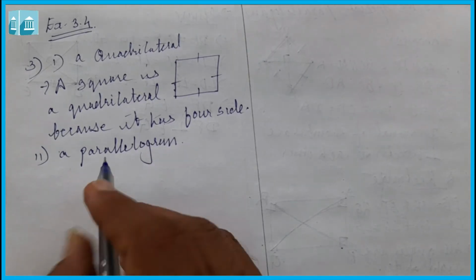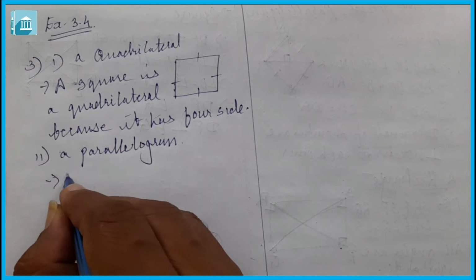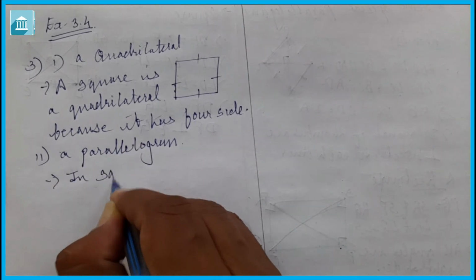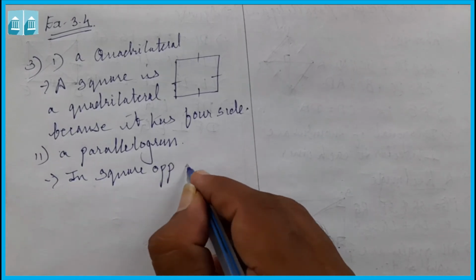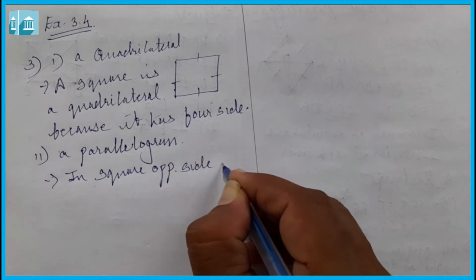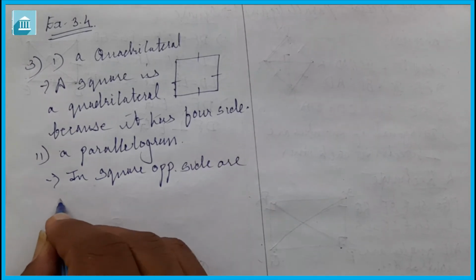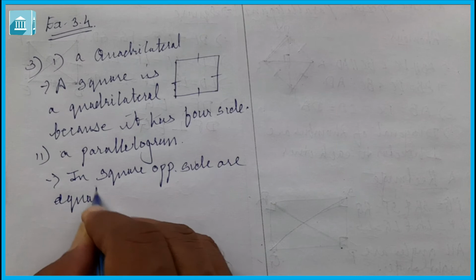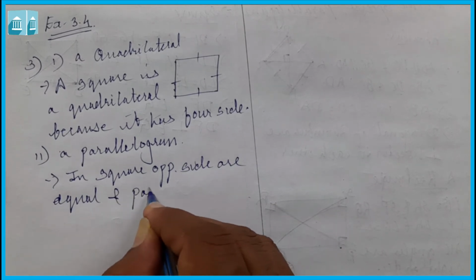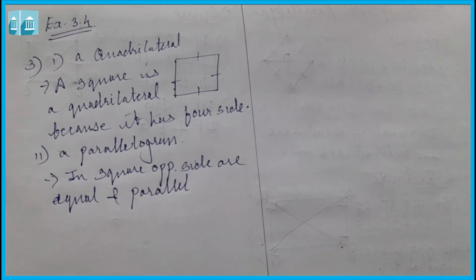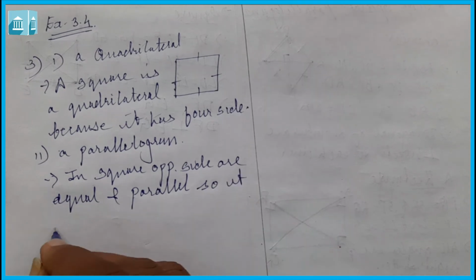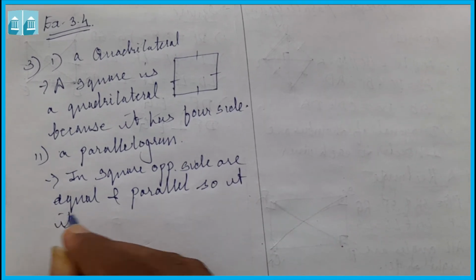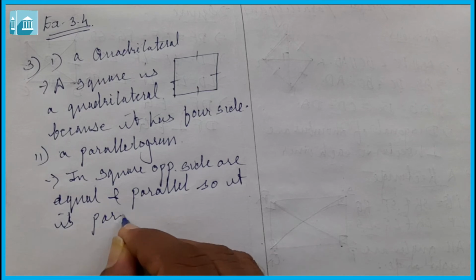So in a square, opposite sides are equal and parallel, so it is a parallelogram.